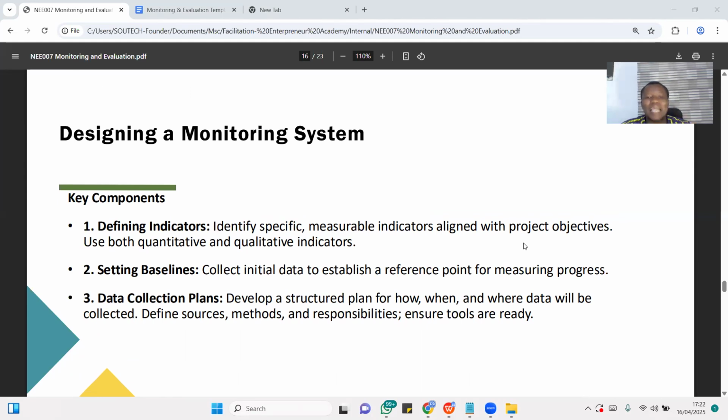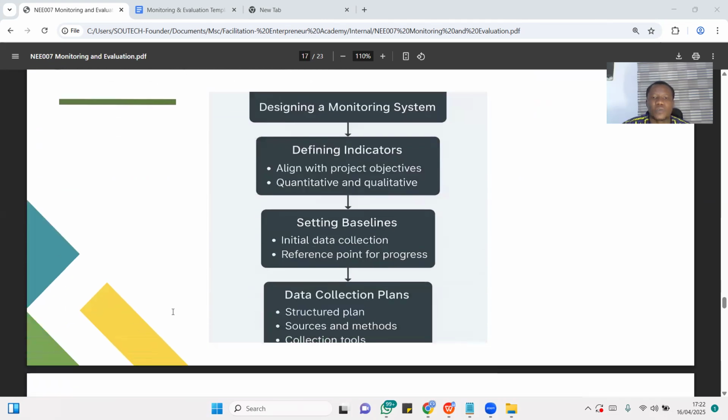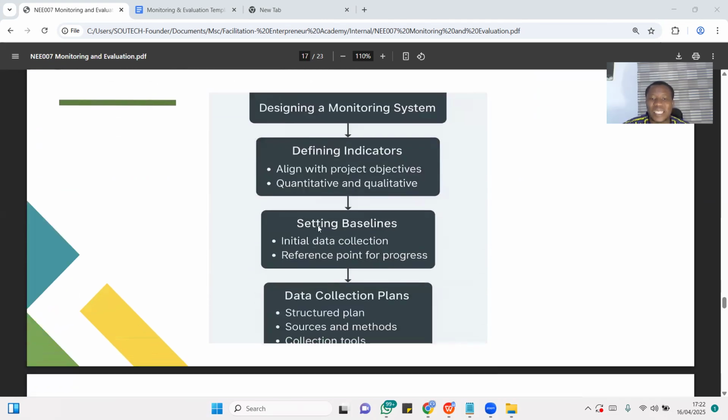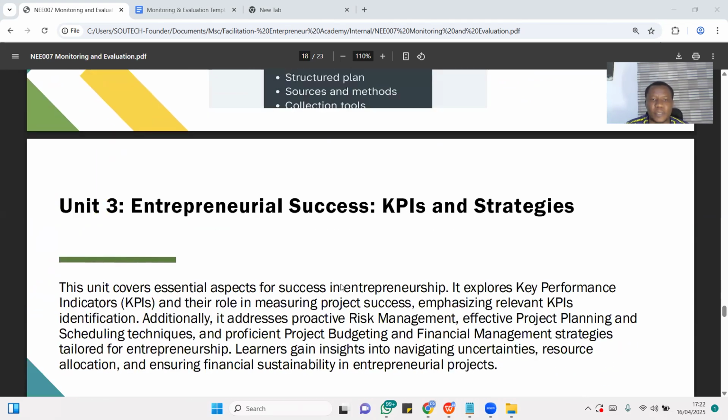It has to be aligned with your business or project objectives, right? You need to collect that data, and you need to have a way to structure collecting all of it. So you define the indicators, you set the baselines. Baselines are like your standards, like your best benchmark. Then, of course, you have a plan.